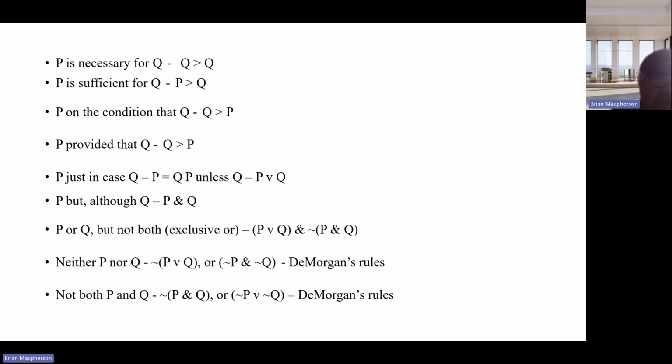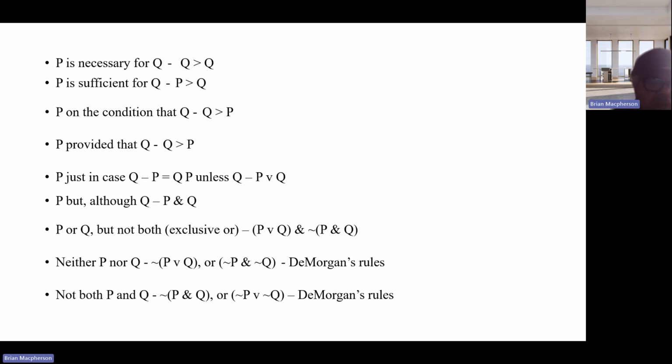P unless Q, unless is typically translated as or, P or Q. P but, although Q, is P and Q. P or Q but not both, that's the exclusive or: P or Q and not both P and Q. Neither P nor Q, you could say tilde, parentheses, P or Q, or you could say not P and not Q. Those are equivalent, and called De Morgan's rules.